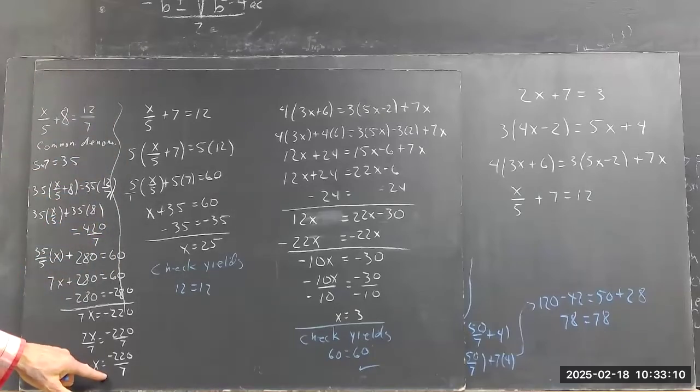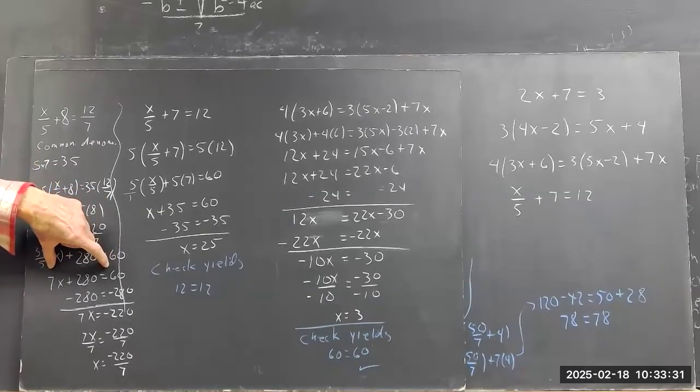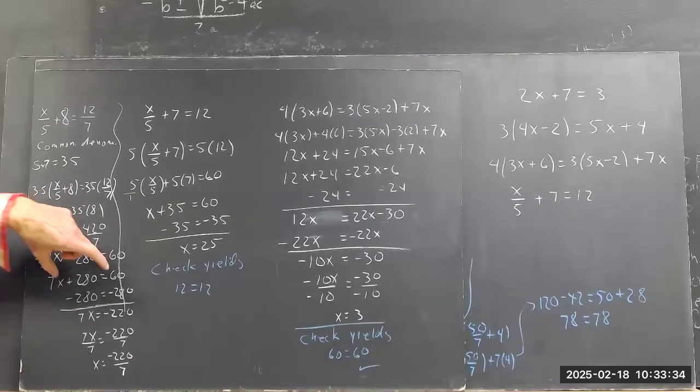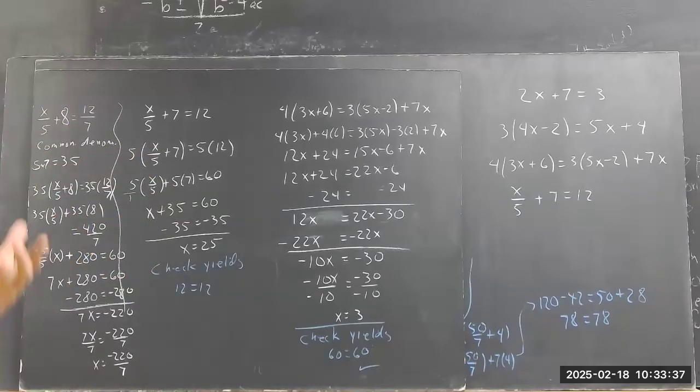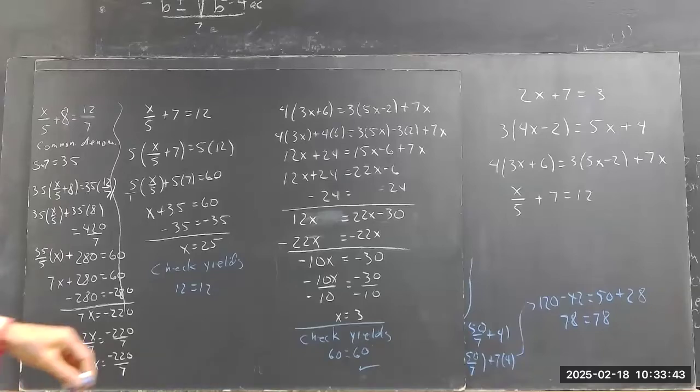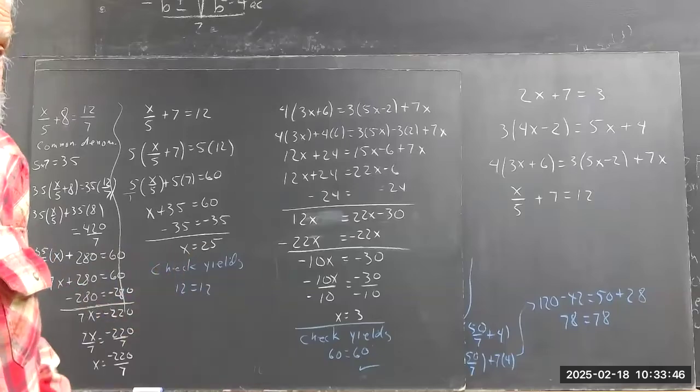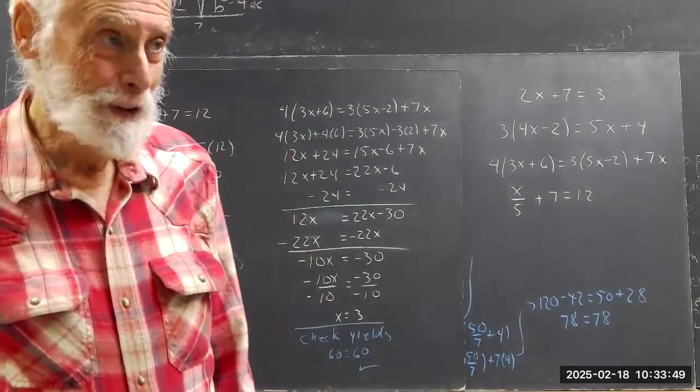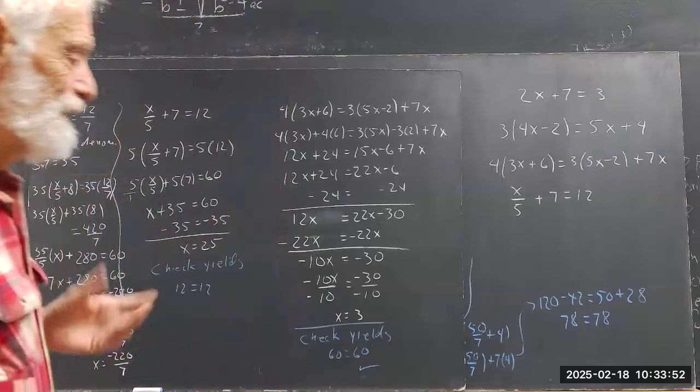Okay, so we can take that and plug it back in. Once we multiply both sides by 5, if we kept the fractions in there. Okay. So that's the first thing you got to understand. Yeah, that's okay.